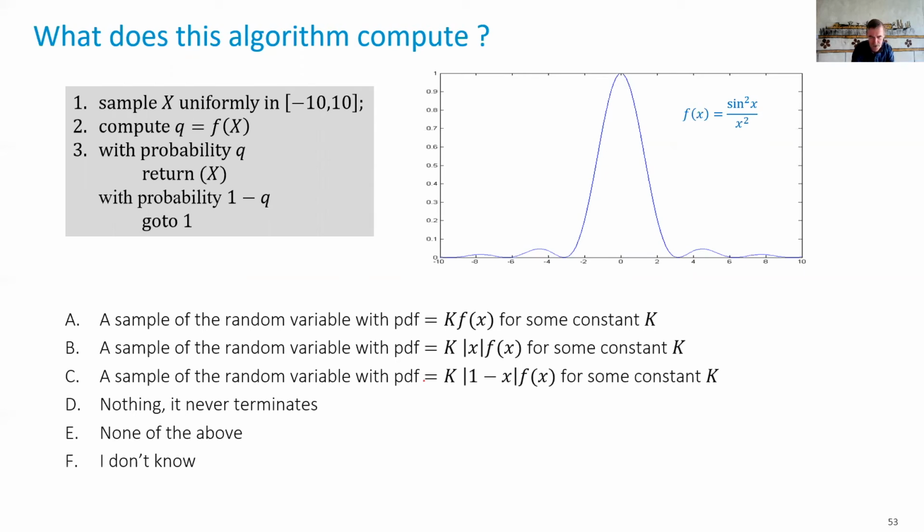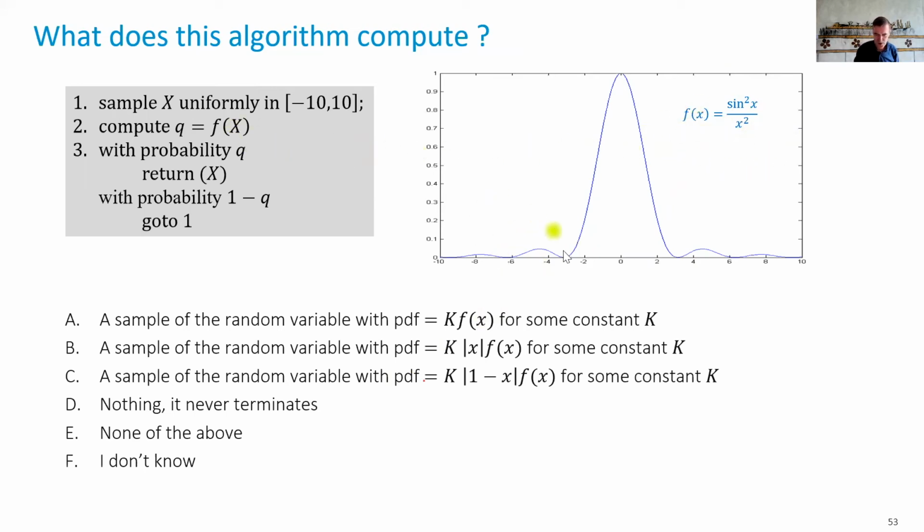I'm submitting to your sagacity the following pseudocode. I sample a random number uniformly between -10 and 10. I compute q equal f of x, where f is this function here. That's the sinc cardinal sine, which is very often used in signal processing, right?